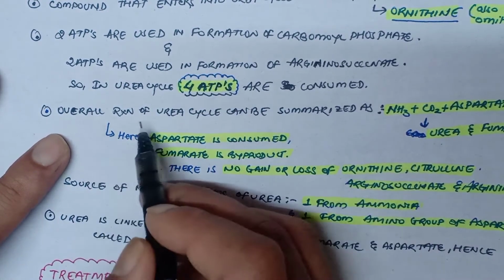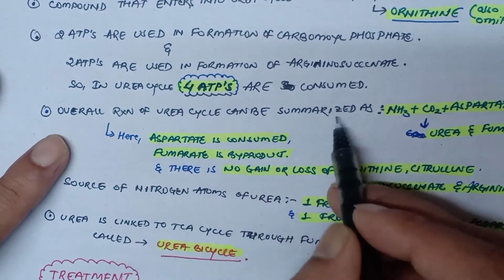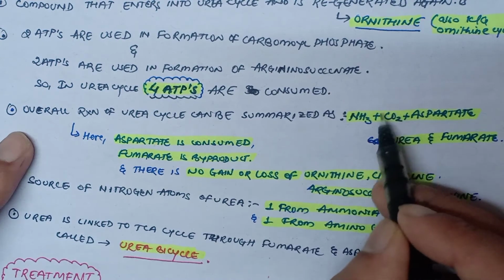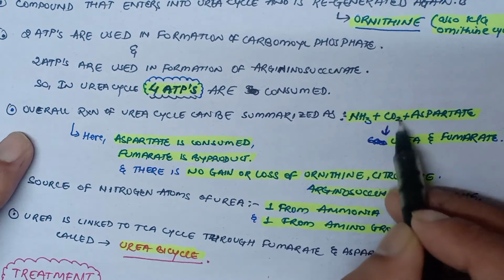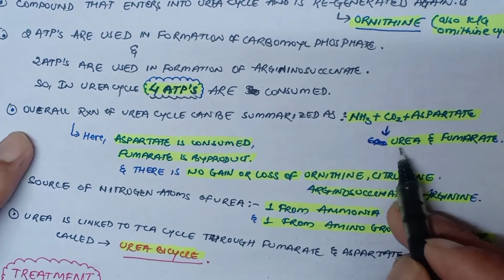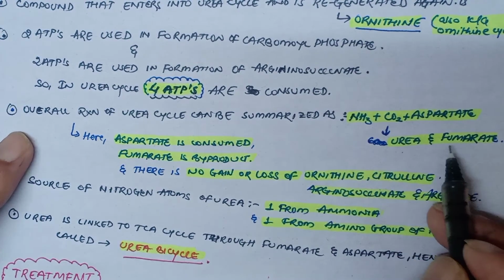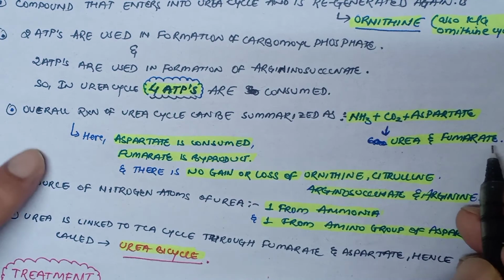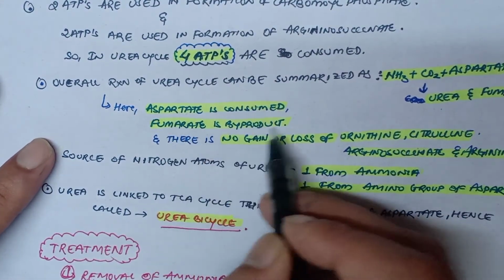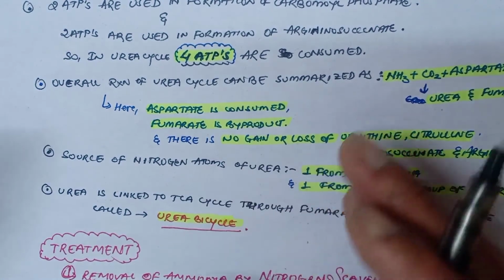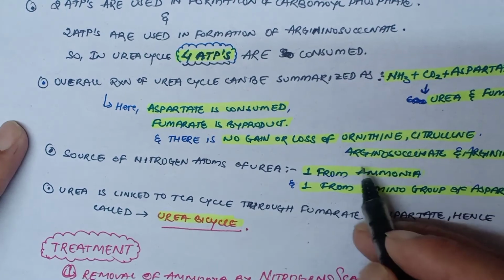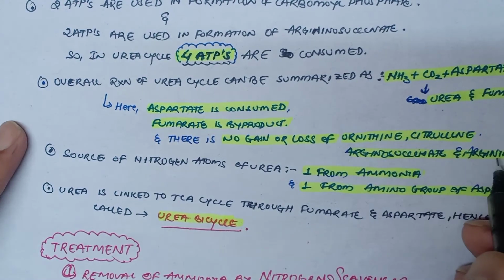Now overall reaction of urea cycle can be summarized as 1 molecule of ammonia, 1 molecule of carbon dioxide and 1 molecule of aspartate will give you 1 molecule of urea and fumarate as a byproduct. So aspartate is consumed, fumarate is a byproduct, and there is no gain or loss of ornithine, citrulline, argininosuccinate and arginine.